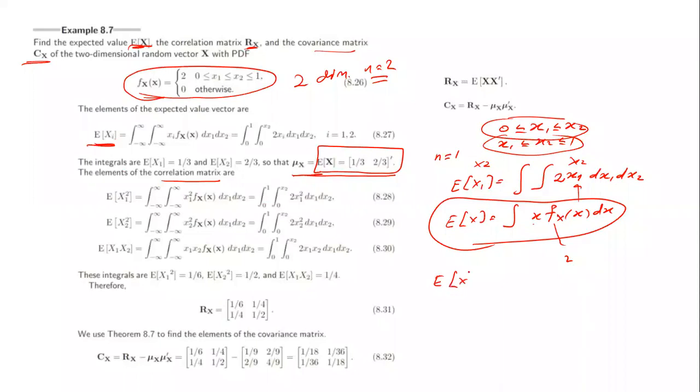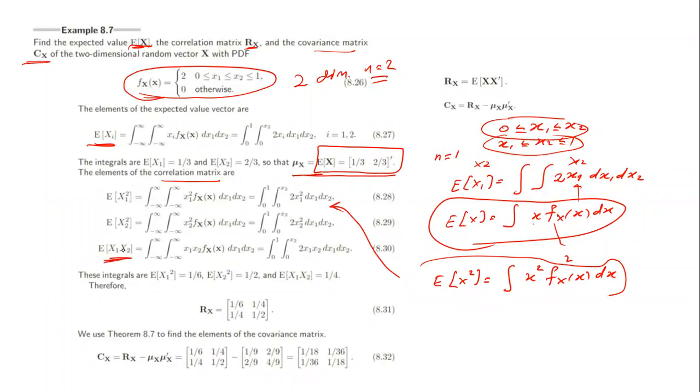The expectation of x squared was the integration of x squared f_X(x) dx. This was the formula from previous chapters, previous lessons, so we adopted it here.